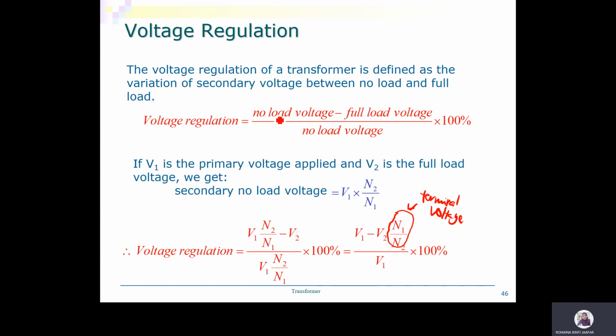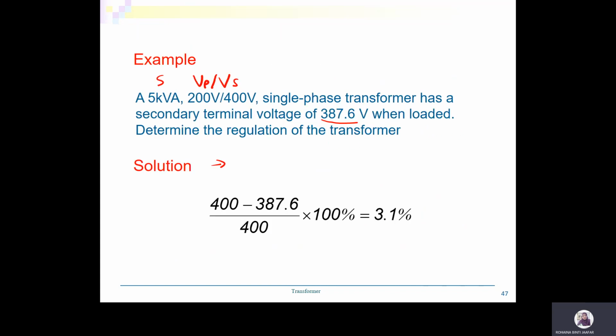No load voltage minus full load voltage, over no load voltage, times 100%. This is the no load voltage at the secondary, minus the full load. When loaded, it means full load.